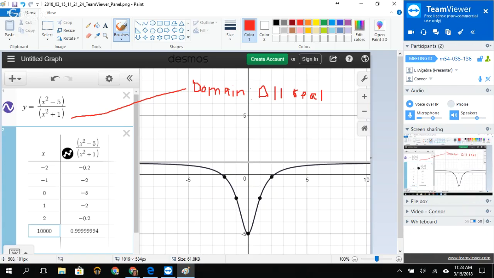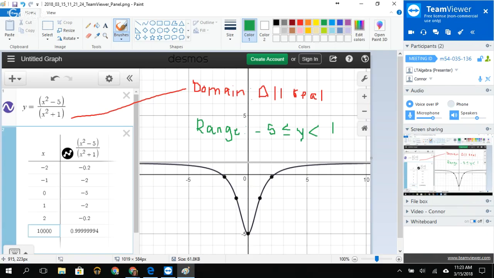The second part is the range, right? And the range is your y's. So the range for this is that my y has to be, we have -5, right? Y has to be greater than or equal to -5, but it has to be less than 1.